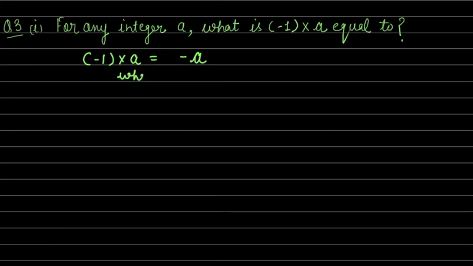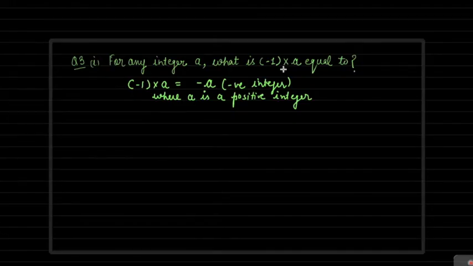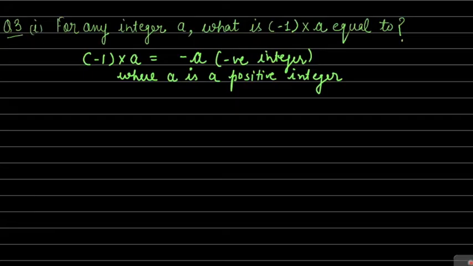It is already given, you can write where a is a positive integer. And if you multiply any positive integer with minus 1, it becomes what? Negative integer. Right? So this was this question only, where you have to tell what it will be equal to. So basically if you multiply any positive integer with -1, it changes to a negative integer. Okay, so this was question number 3 of this.